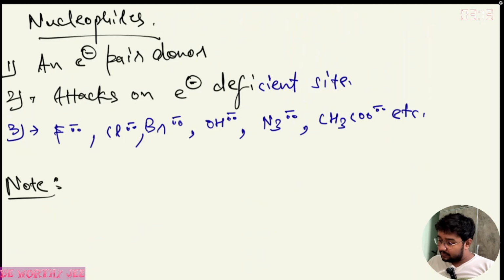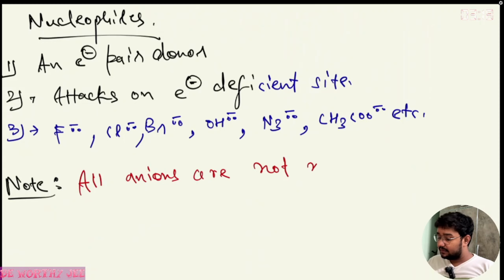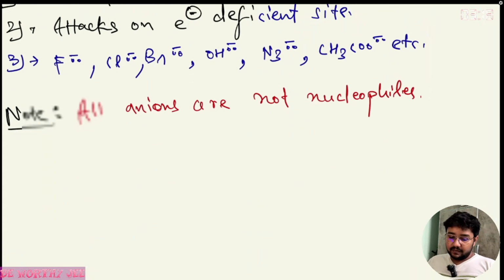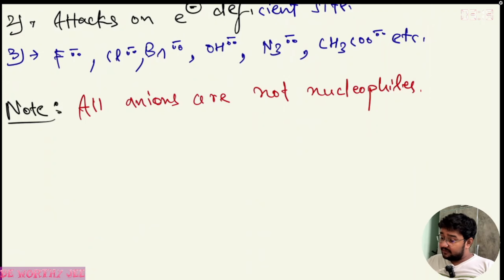We can mention this as a note so that we do not forget it. Note: all anions are not nucleophiles. As we already discussed, Lewis acids, because they have an incomplete octet, act as electrophiles.